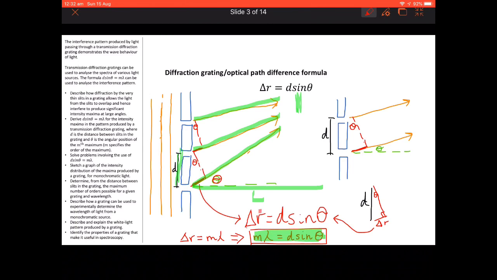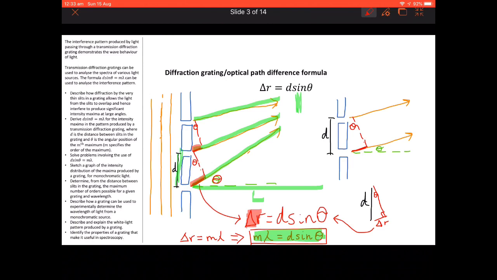Now, the path difference, so the difference between the distance that each wave travels from each slit, so here and here compared with the top wave, is equal to d multiplied by sine theta.